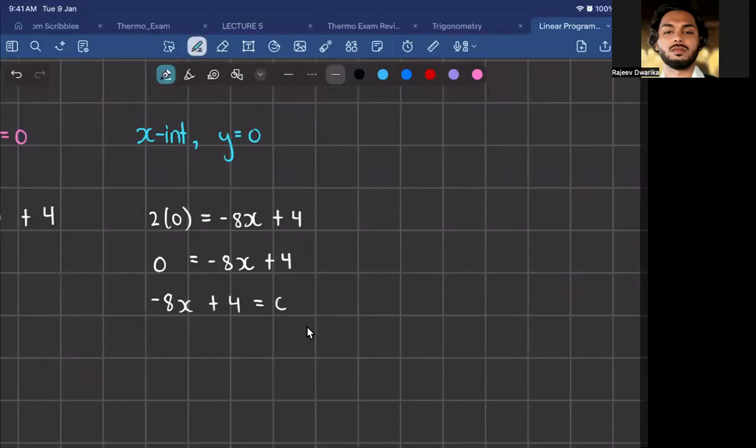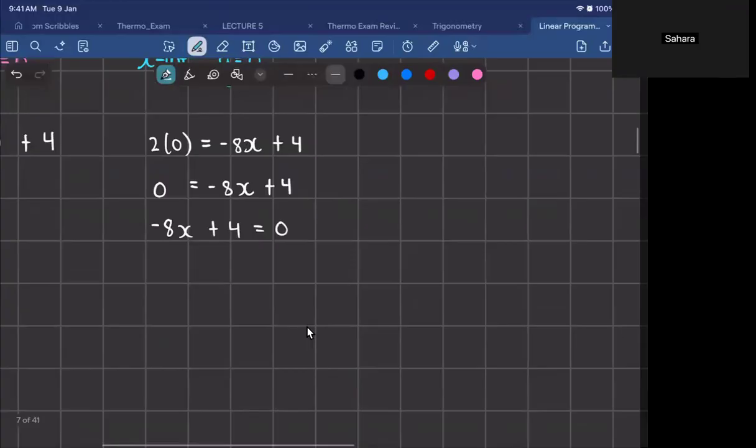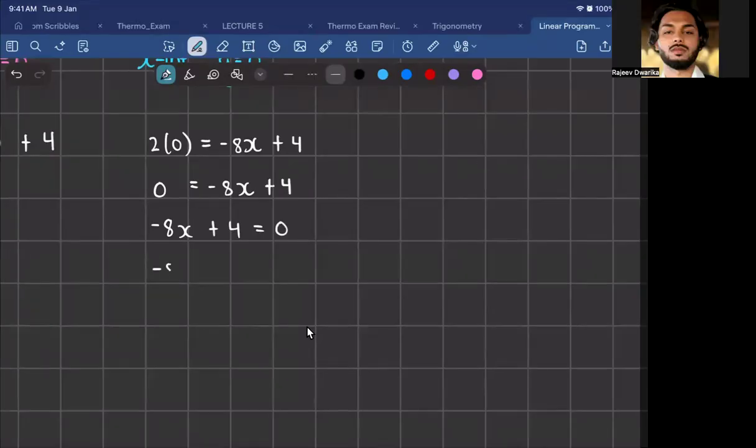What do you want to do next? Carry over the 4 to the right, and to do that I would get minus 4. Nice. What next? Divide everything by minus 8. Okay, pop off, Sahara.